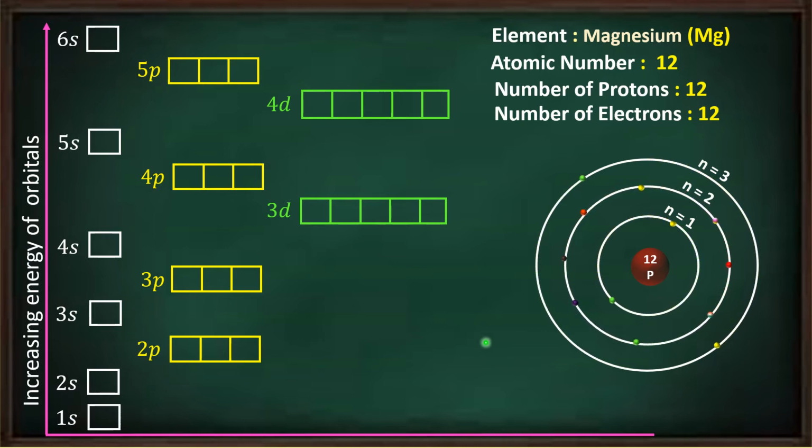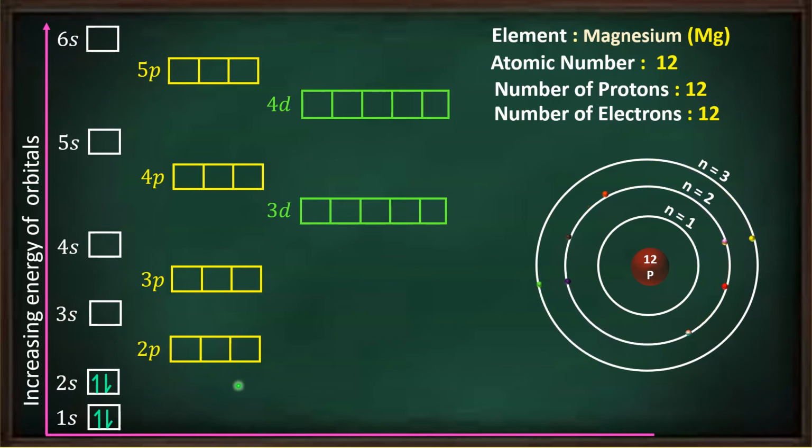So the first electron enters into 1s orbital. Next, the second electron enters into the same orbital. Next, the third electron enters into 2s orbital. The fourth electron enters into the same orbital. So 2s is completely filled.